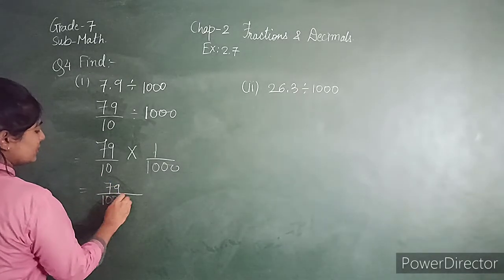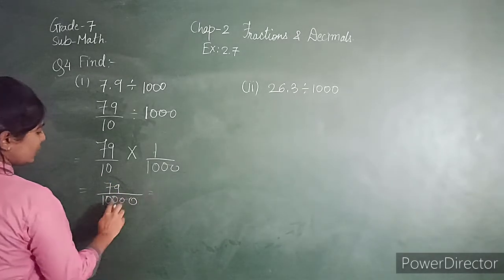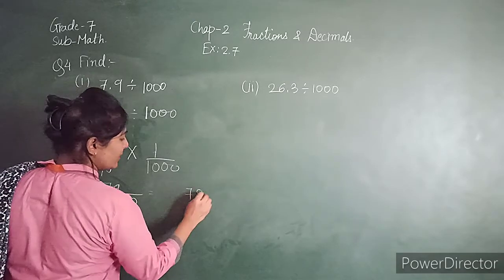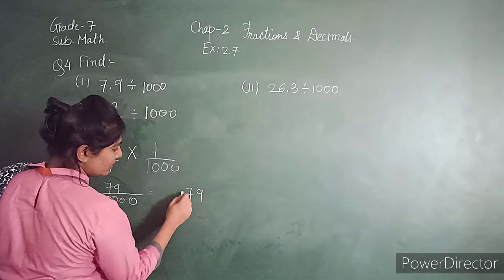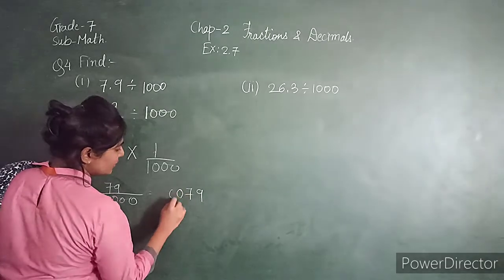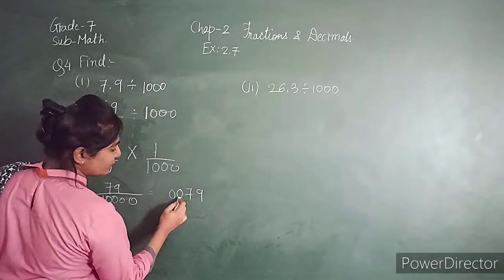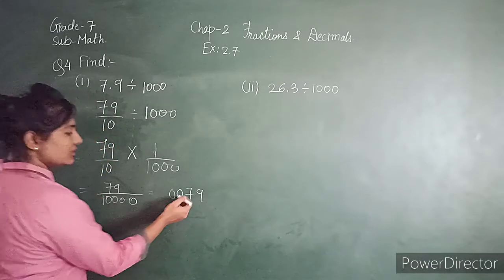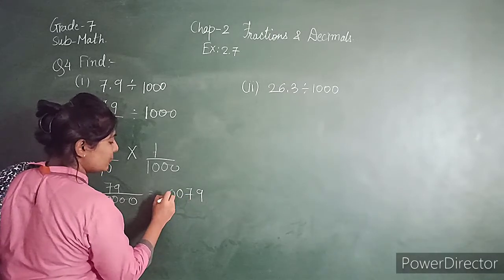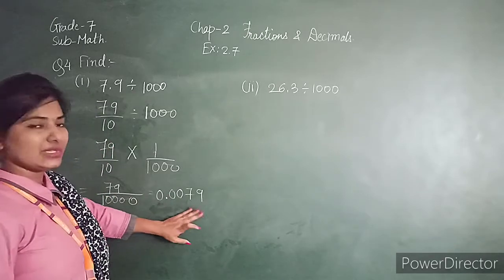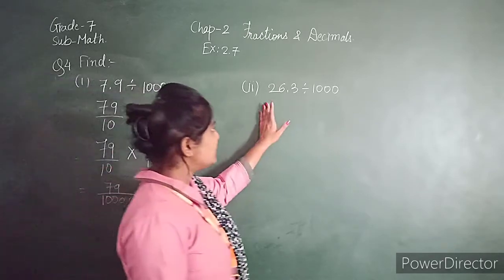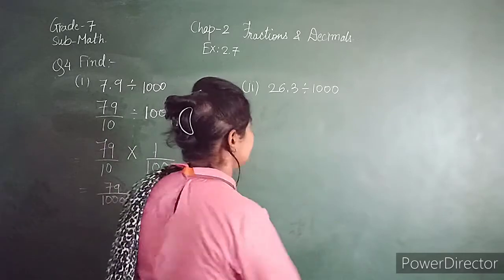So it is 10,000. So here 4 zeros are there. So we have to put the point before 4 numbers. So counting from the backward side, 1, 2, and here 2 digits are there. So we have to make it 4. I have to put 2 zeros over here. Now put the point over here and 0. So our answer is 0.0079.